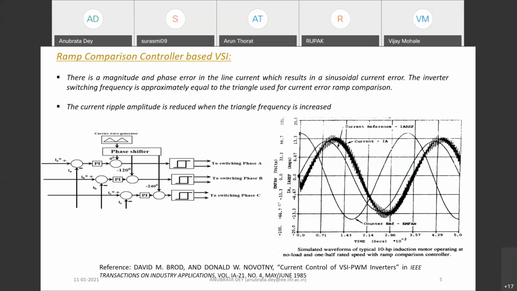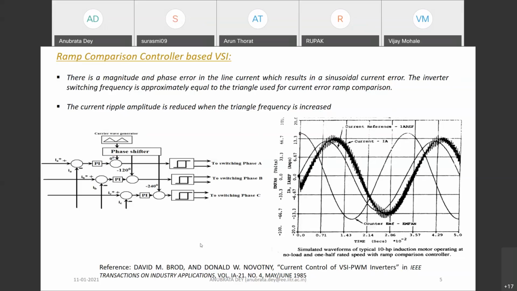This is a very well-known problem. You can easily observe it particularly when you are using a low carrier frequency for comparison.